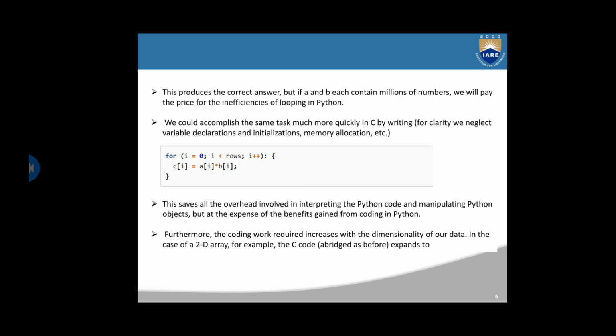For clarity, we neglect variable declarations and initializations, memory allocation, etc. This saves all the overhead involved in interpreting the Python code and manipulating Python objects, but at the expense of the benefits gained from coding in Python. Furthermore, the coding work required increases with the dimensionality of our data. In the case of a 2D array, for example, the C code, abridged as before, expands to the following.